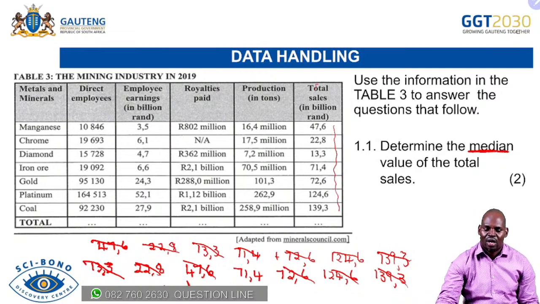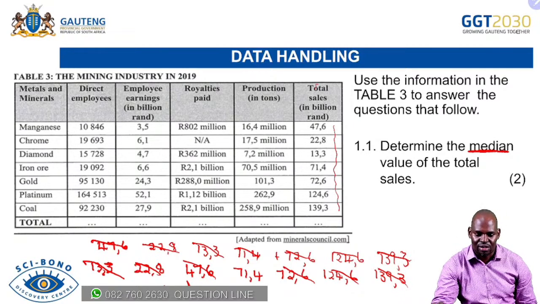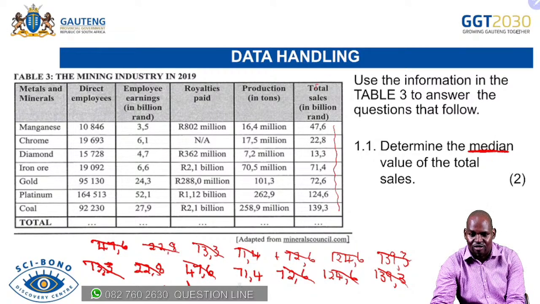Now remember, this is data that must be interpreted by someone. If you check in the table, they say total sales and it's in billions. So if somebody has to interpret this, they will ask 71.4 what? So you need to indicate.